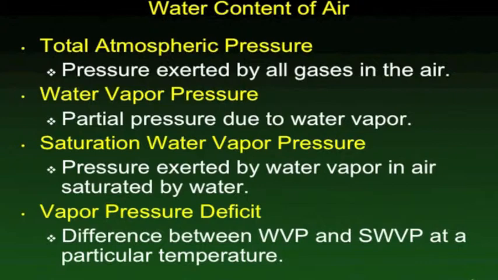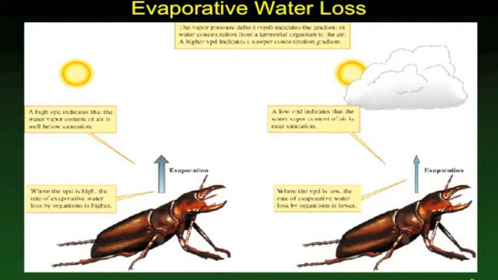And so if you look at the difference between the existing water vapor pressure and what the water vapor pressure would be if the air was totally saturated, had as much as it possibly could hold, then that difference between saturation and the current vapor pressure would be a vapor pressure deficit. And knowing that would allow us to determine whether animals or plants would readily be losing water to the atmosphere or not.